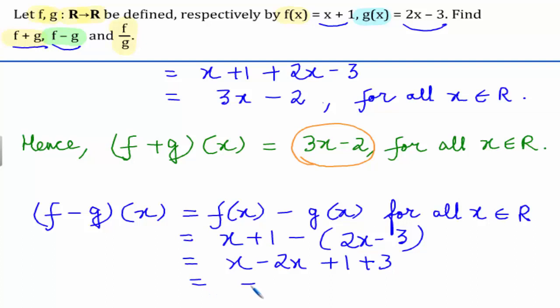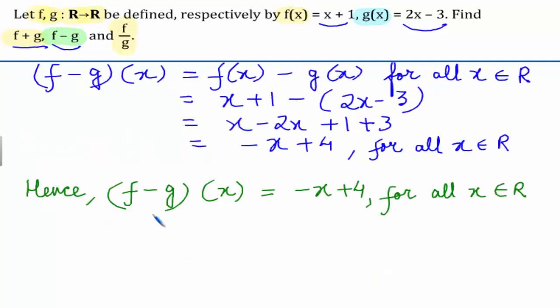So this is equal to minus x plus 4 for all x belongs to R. So we obtain f minus g of x is equal to minus x plus 4 for all x belonging to the set of real numbers R. Hence, f minus g of x is equal to minus x plus 4 or 4 minus x for all x belonging to the set of real numbers R.